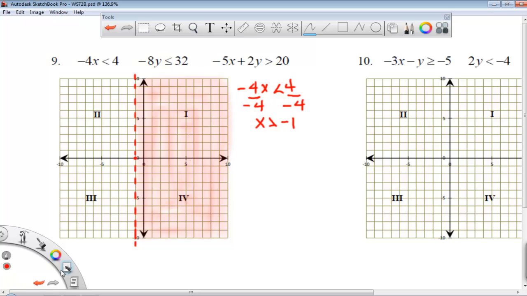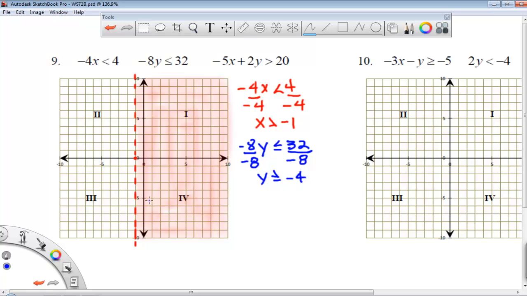Okay, let's do our second inequality. That's negative 8y is less than or equal to 32. Now this one will be a solid line because it does have the equal to bar. I also divide this by negative 8. So this will also switch. So y is greater than or equal to negative 4.